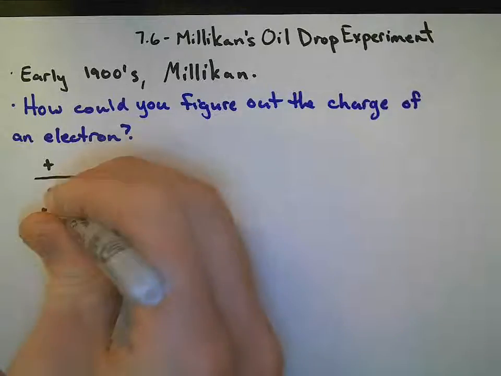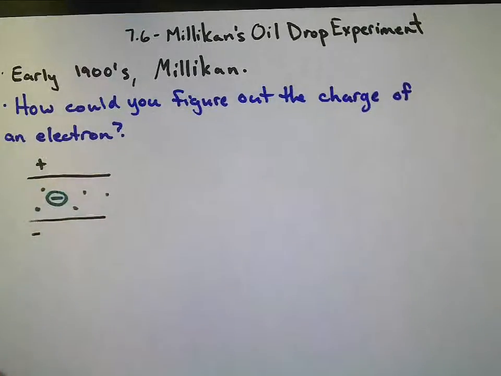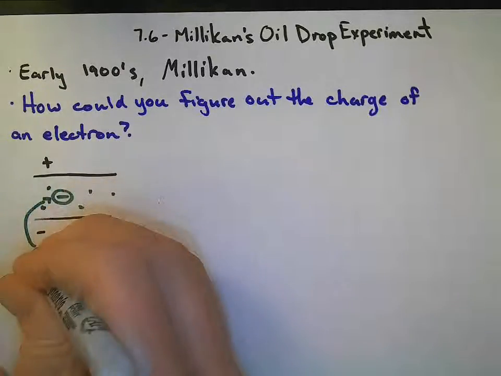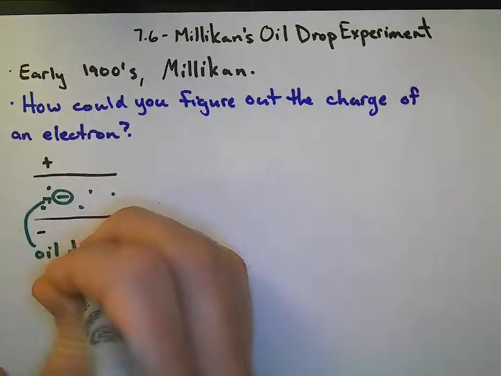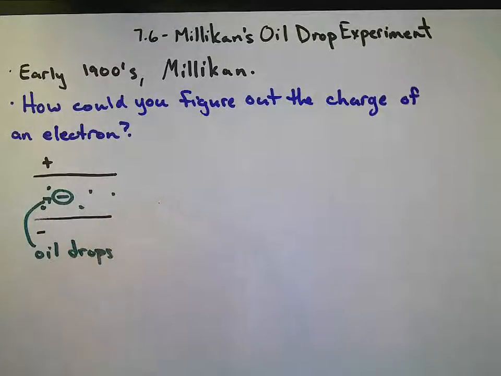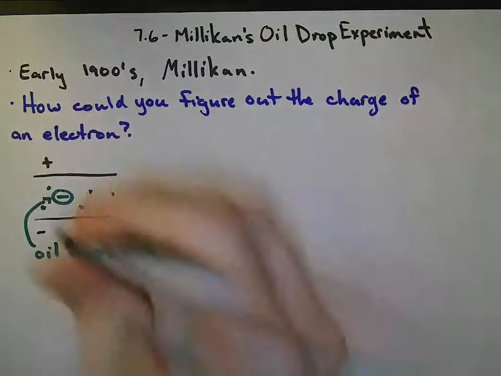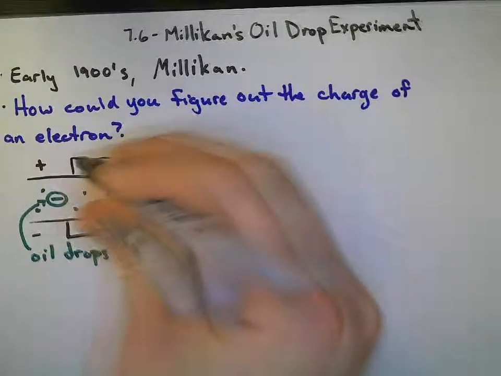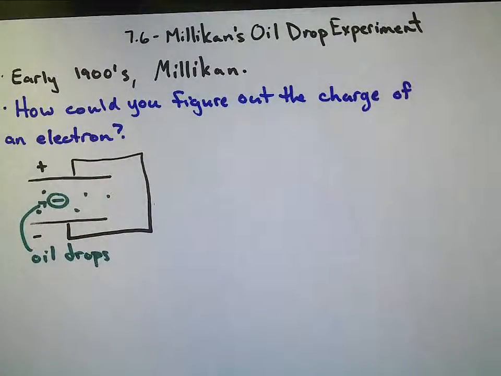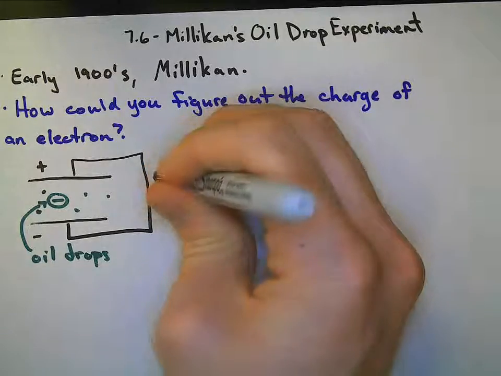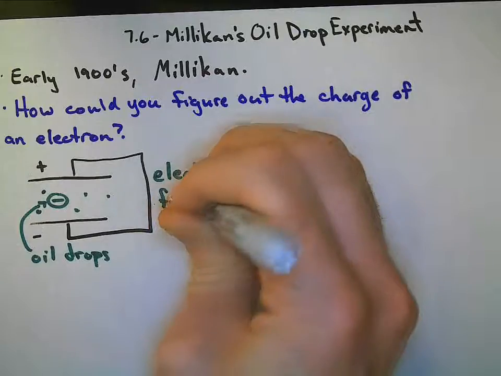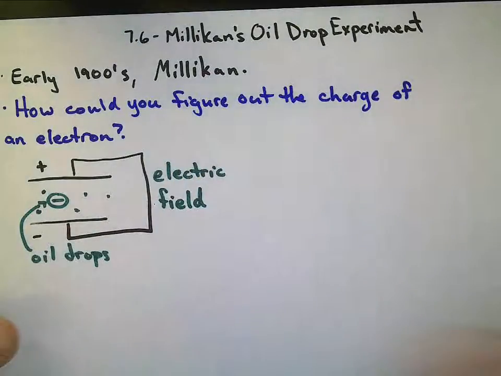Oil mist, and he was looking at each specific oil drop. So what was going on in this case was he had essentially created an electric field, and he was testing these at different field strengths.